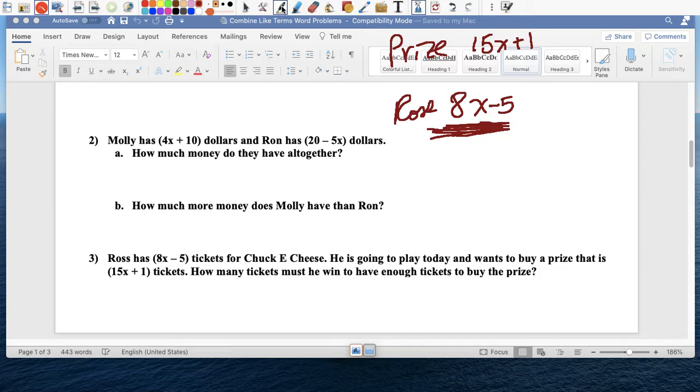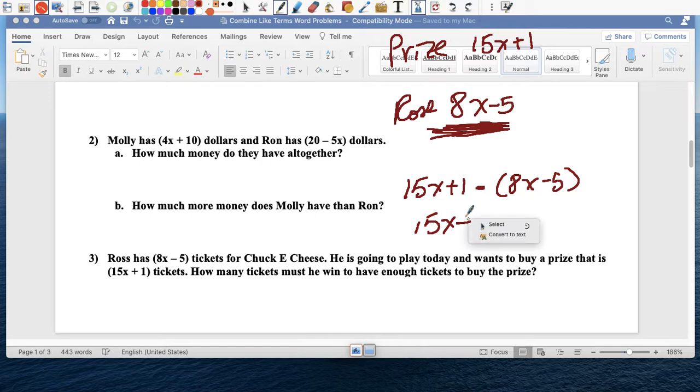Well, same idea, right? 15x plus 1. We're going to subtract what Ron has. And then our answer is going to say how many more tickets we need. 15x plus 1. Now put a 1 over here so you don't forget. Negative and a positive is a negative.